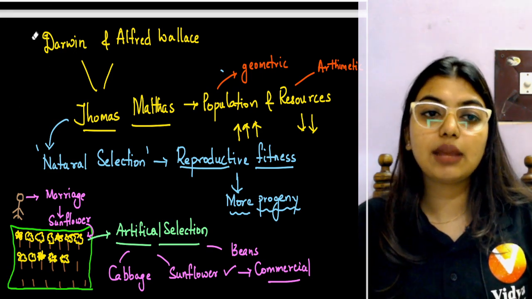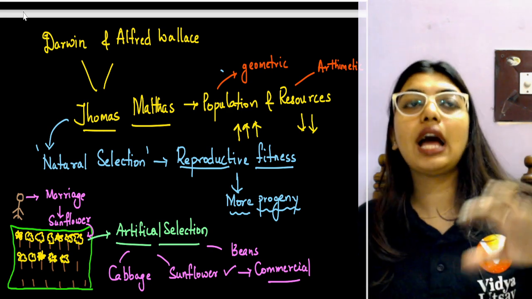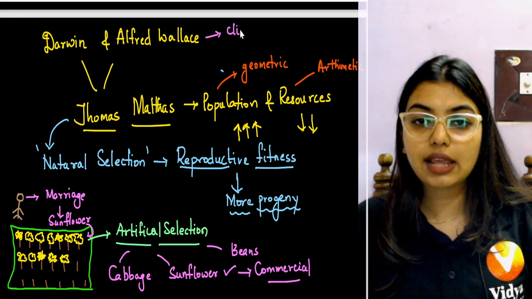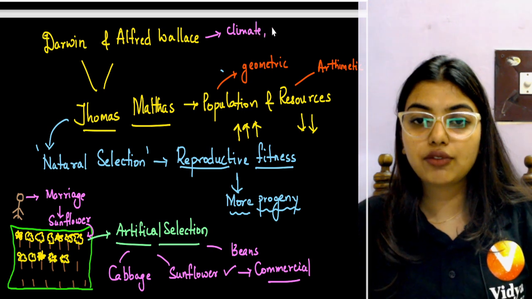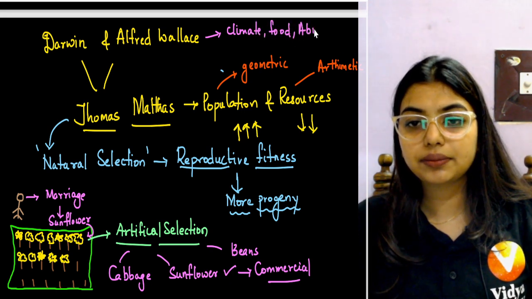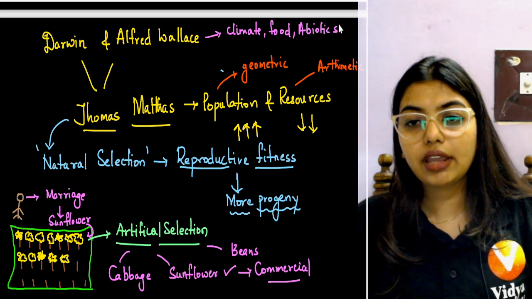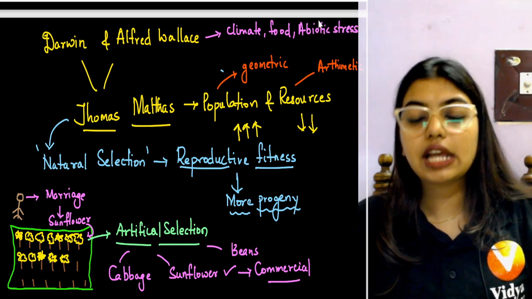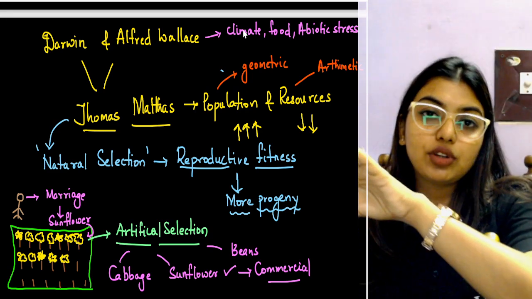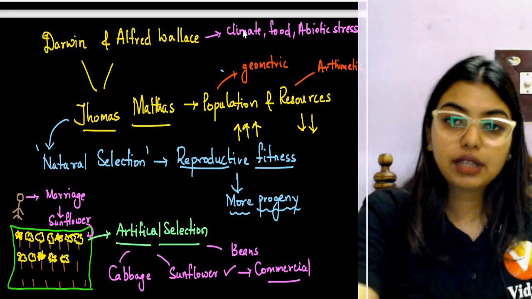And that is where they came to the conclusion that if the animals are not able to survive the temperature, climate, food, or any other abiotic stress, then these animals are going to end up dying, and the ones who are able to survive all of this are going to move forward happily.